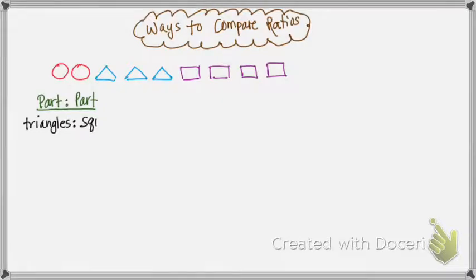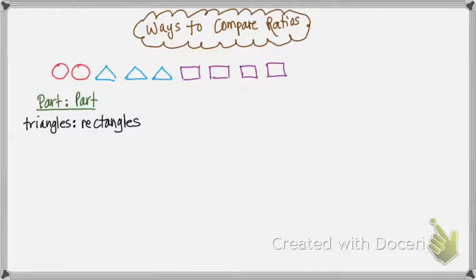So what's the ratio of triangles to squares? That's part to part, because the triangles are part of all the figures that are there. Squares, well, they're rectangles. Let's change the word. We'll just change it to rectangles. The third one looks kind of squarish.